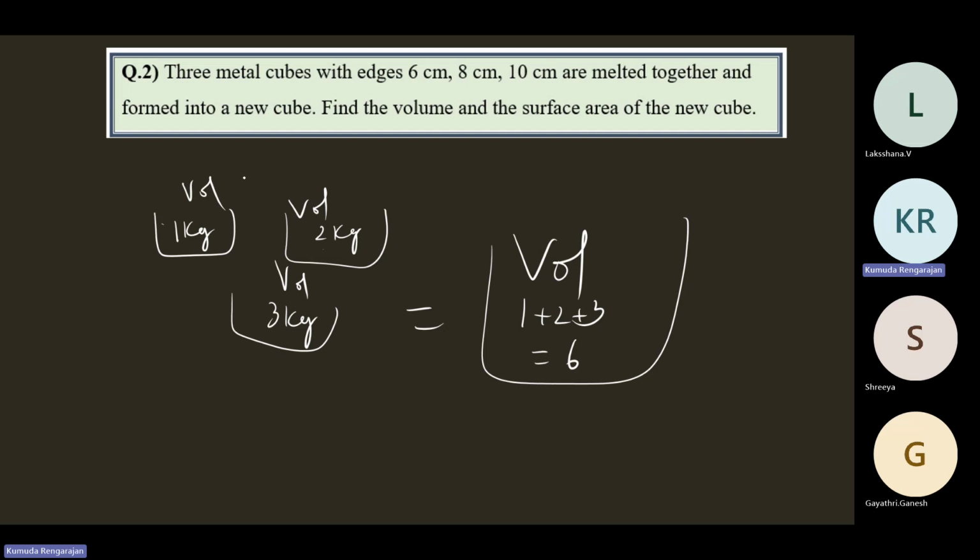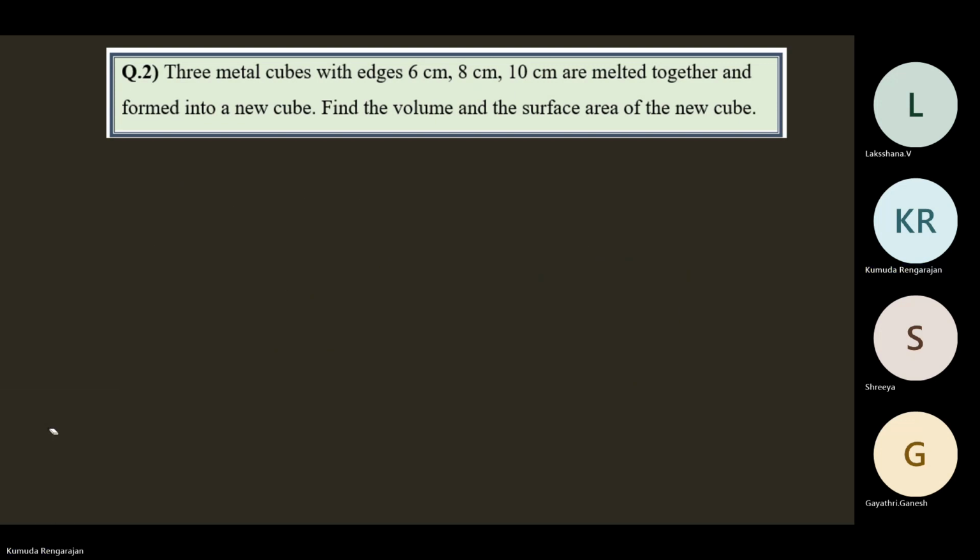Similarly, volume of the cube with edge 6 centimeters plus the volume of the cube with edge 8 centimeters plus the volume of the cube with edge 10 centimeters will be equal to the volume of the new cube formed. That's the equation. Volume of the new cube is equal to the sum of the volumes of these 3 cubes.